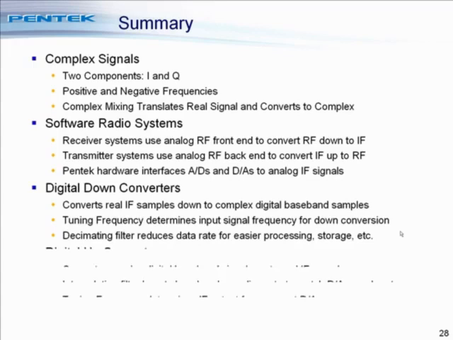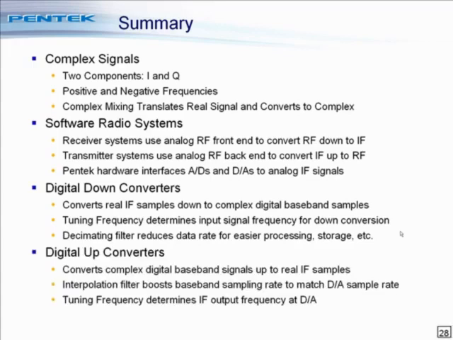In digital upconverters, we convert the complex digital baseband signals up to real IF samples. The interpolation filter boosts the baseband sampling rate to match the D to A and the mixer sampling rate. And the tuning frequency determines the IF output frequency at the D to A converter.